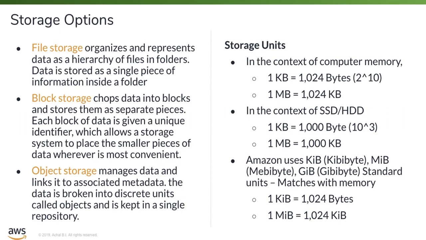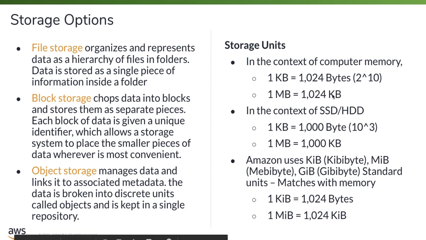Before we move on, we need to understand the storage units used by AWS. The storage units used by AWS are called KiB, MiB, and GiB. They go in the pattern of 1024 bytes.